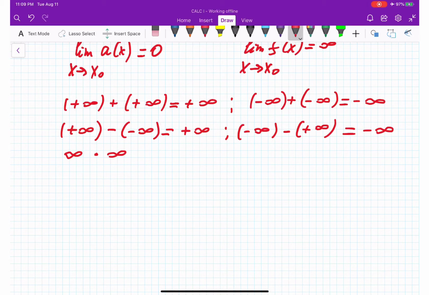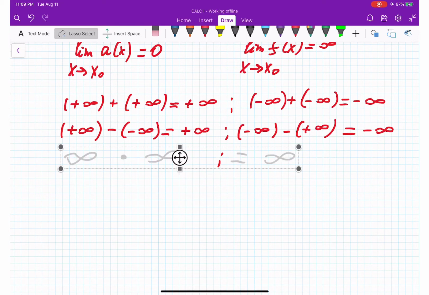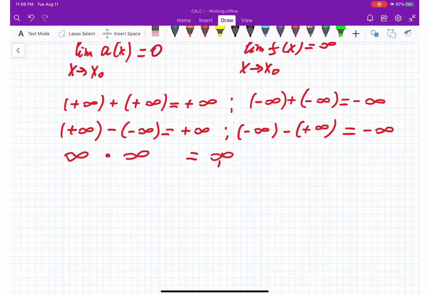It's going to be equal to infinity. Let me write it down real quick, it would be easier.